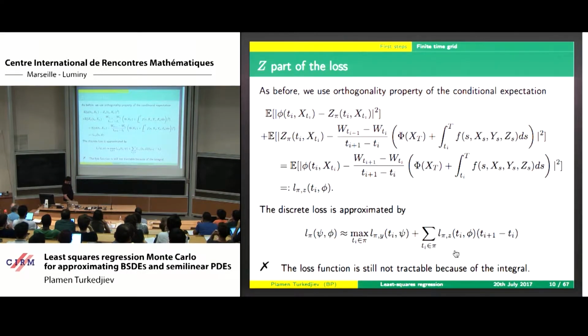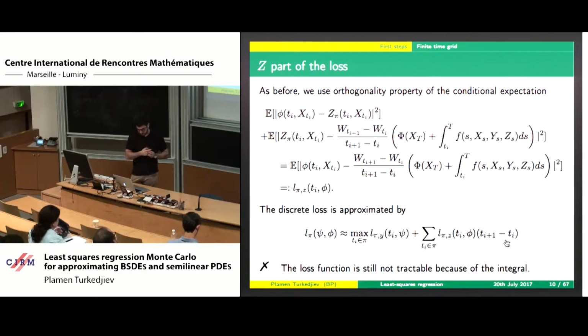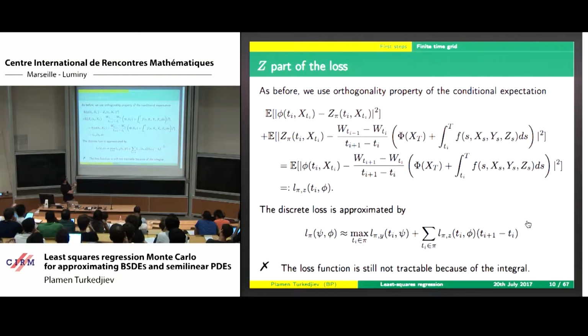So now what we can do is use the same orthogonality trick that we were using earlier on for the y process, to simply replace the loss function that was non-tractable or more difficult by a minimization with respect to the weight of the Brownian motion times the Lebesgue integral plus the terminal condition.